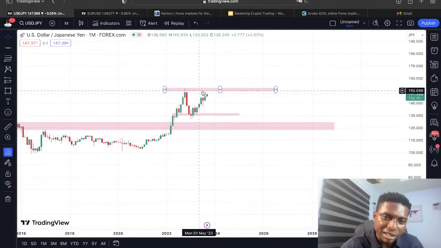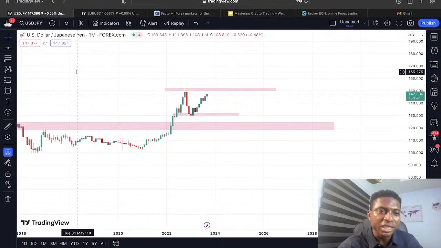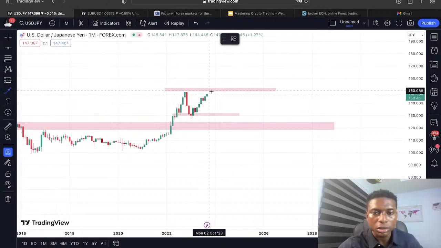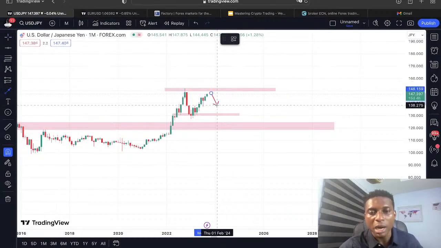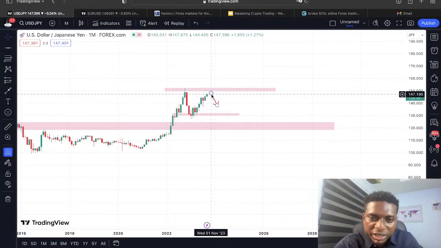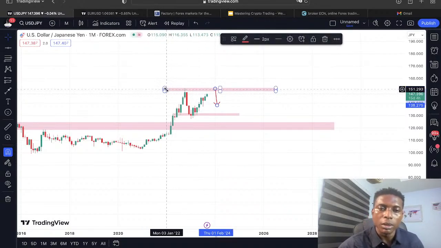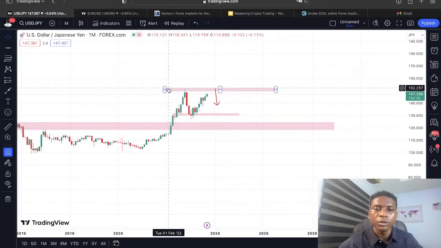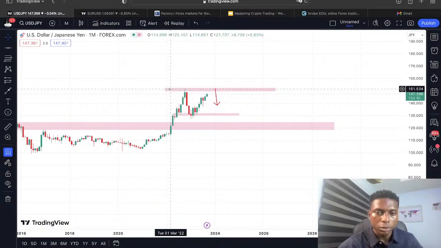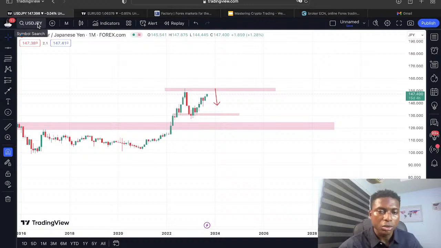It will definitely touch this level of resistance, and when it touches that level of resistance, I would begin to short USD JPY. When it touches this level of resistance, there will be a sell limit, where the market gets to sell at a higher price than the current market price.